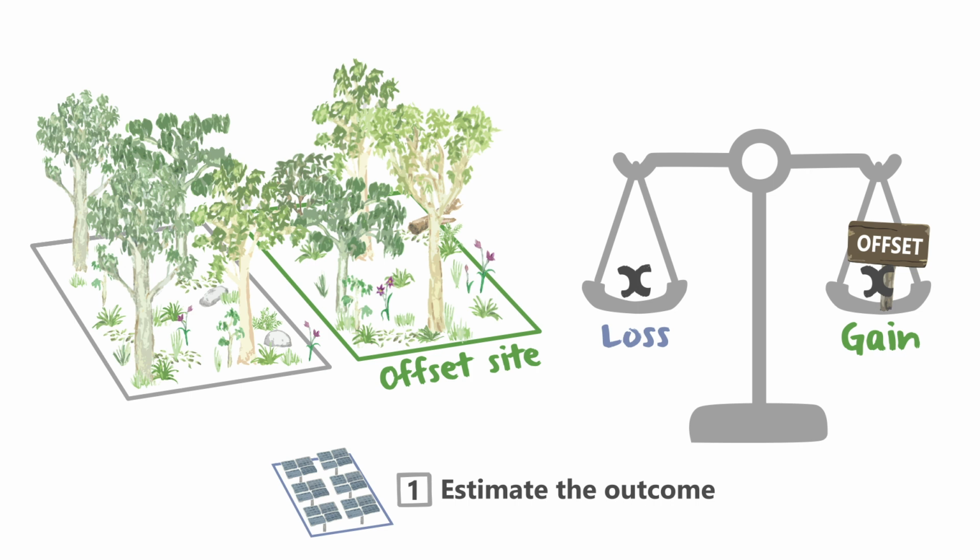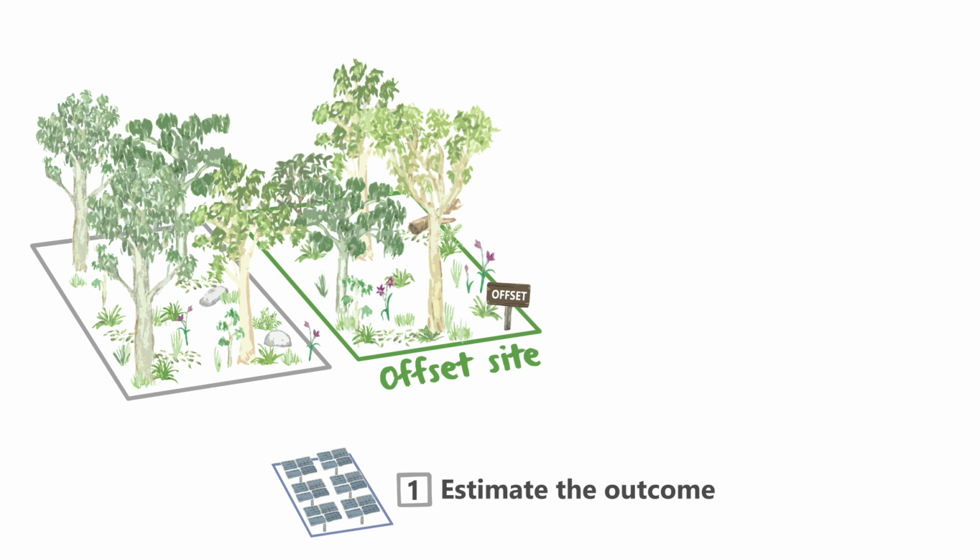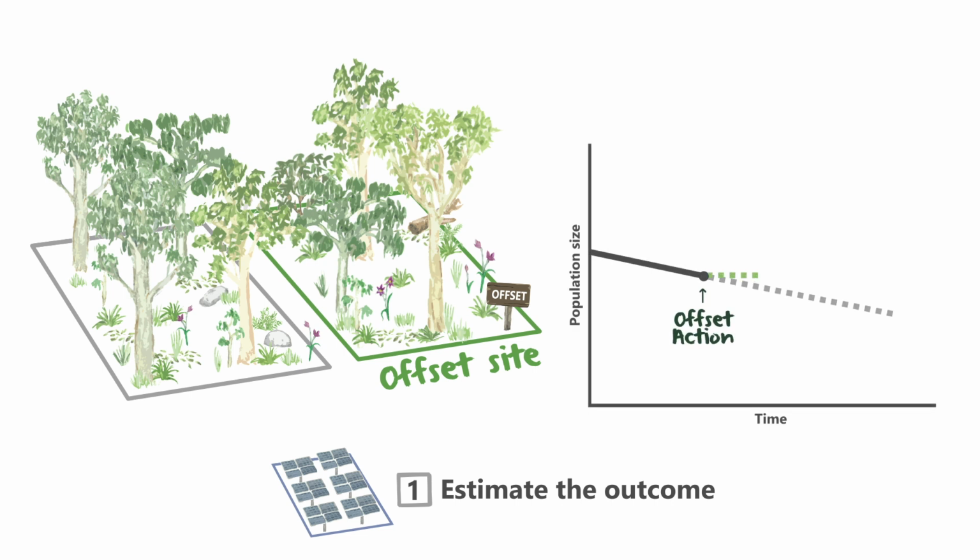For example, if our biodiversity index is the number of individuals of a threatened plant, and our offset action involves implementing a new fire regime that is beneficial for that plant, the outcome would be the number of plants we expect the site will have at some point in the future under the offset action scenario.